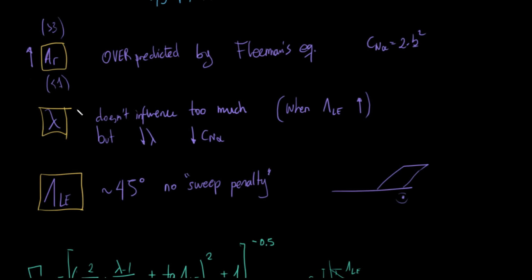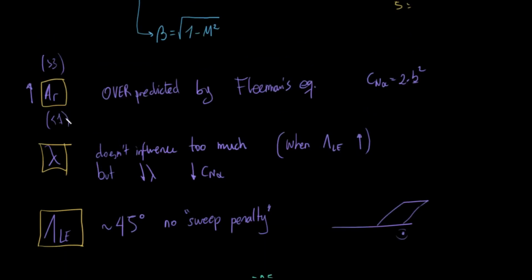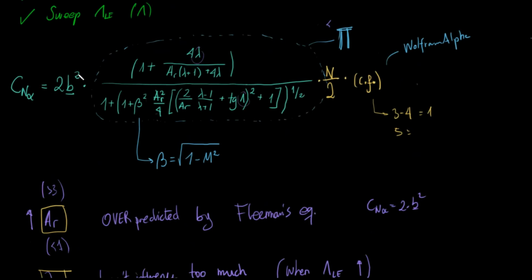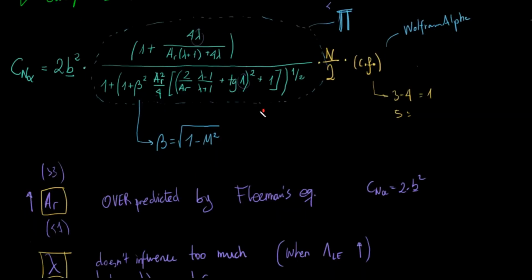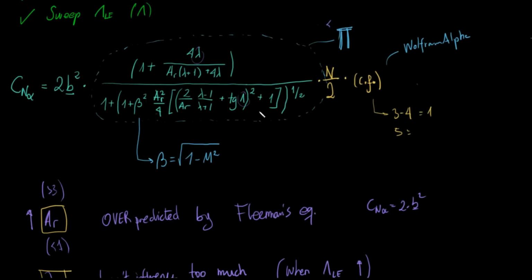This is just an overview of the effects of the parameters. So just remember the aspect ratio is going to be a big actor in this capital Pi correction factor. And maybe I'm going to try to do a big simplification of this, and maybe I'll do a video on that.